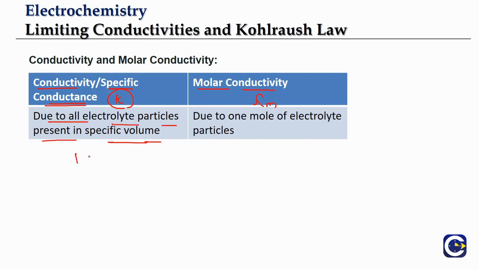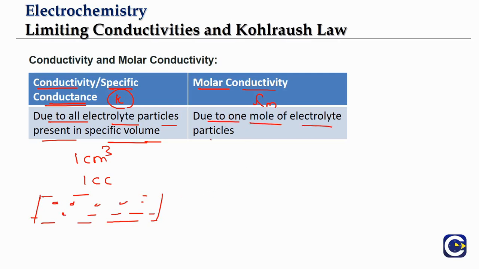Maybe if you look at 1 centimeter cube volume or 1 cc, so it is about the conductivity of the particles present in a specific volume between the two electrodes. So the electrolyte that we are going to focus on will be the electrolyte that is present between the two electrodes. Whereas the molar conductivity is the conductivity that is because of 1 mole of electrolyte particles. So here we are limiting the number of particles.